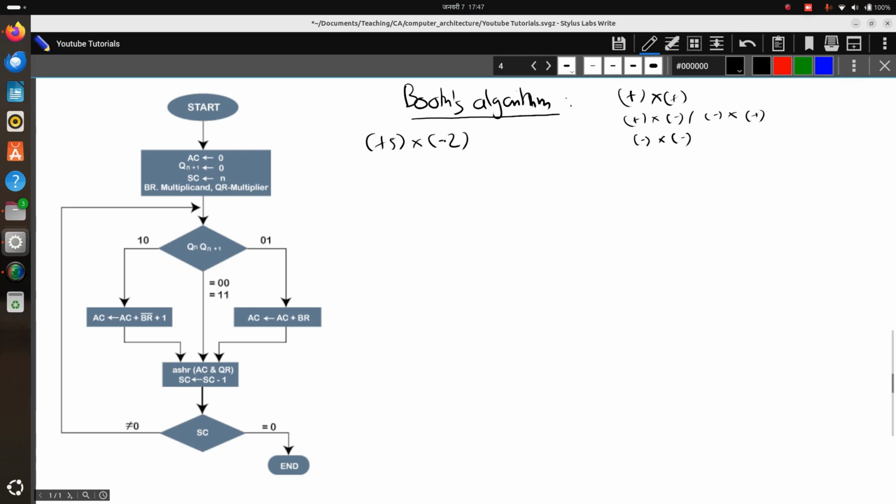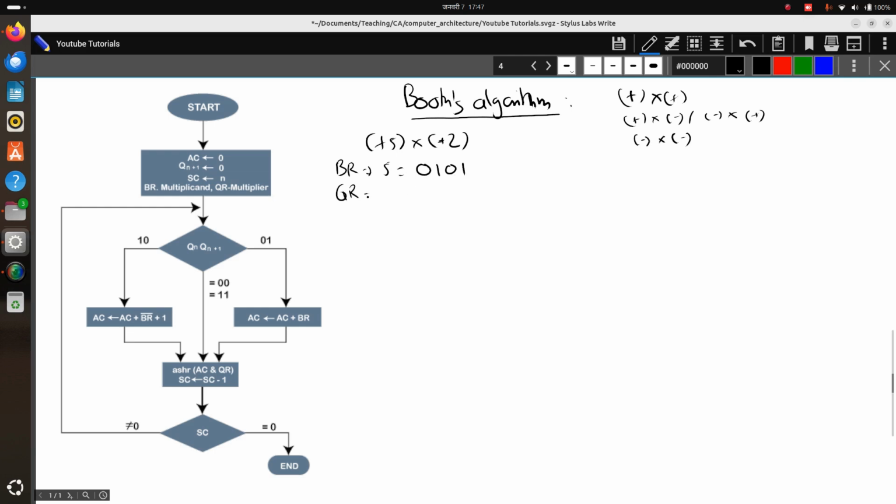So basically we need to divide these two numbers into these two forms, BR and QR, where BR is the multiplicand and QR is the multiplier. So let's represent BR as our number 5. Its binary representation in terms of sign representation is 0 1 0 1.